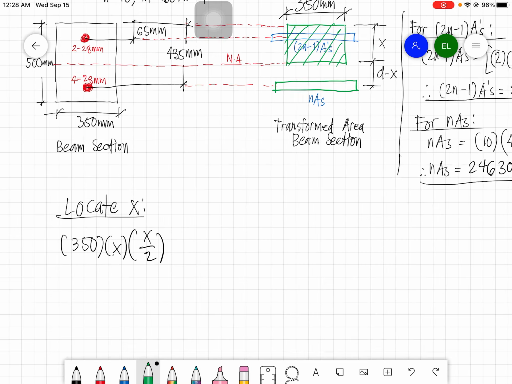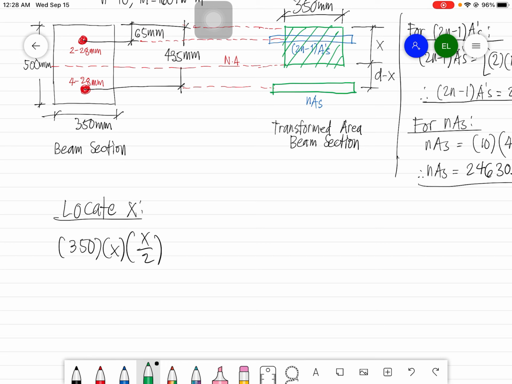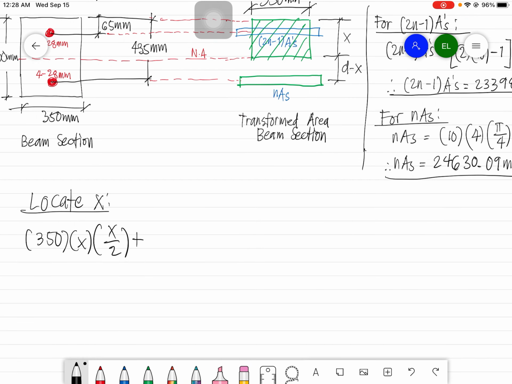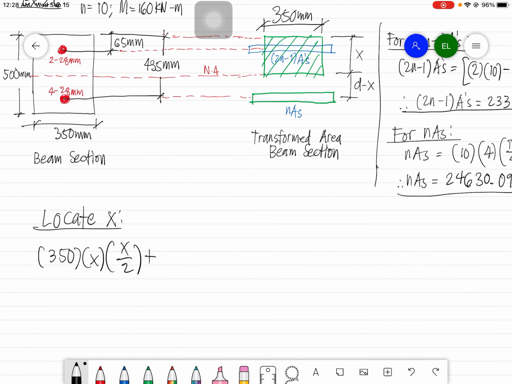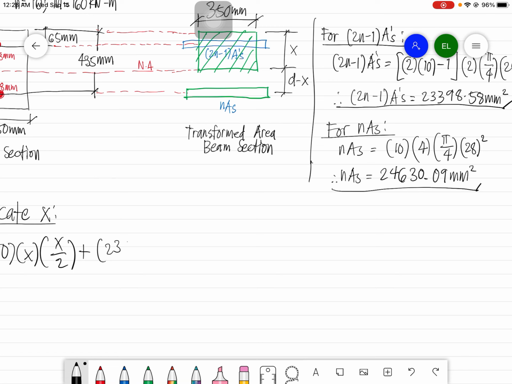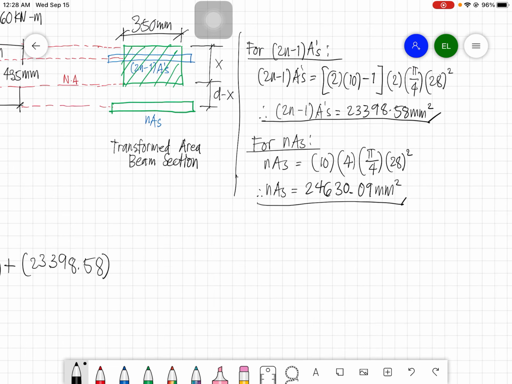Okay, so for the concrete, then we have plus, for the compression steel, which is 23,398.58.